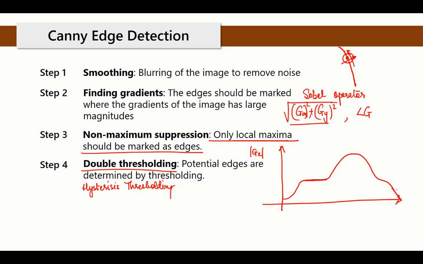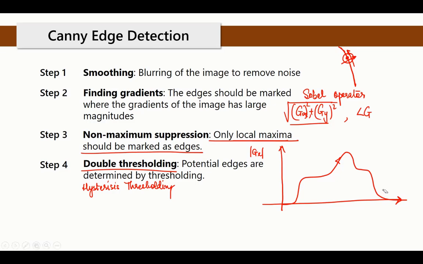But there are some regions which have very poor response. So this region corresponds to a large response in edge, this region also has a large response but not as high, and there are certain regions which have a very poor edge response.